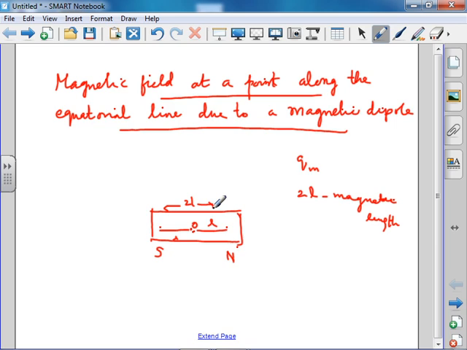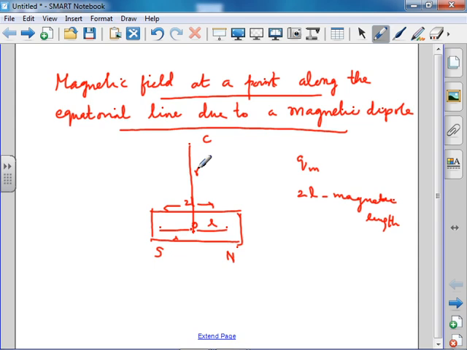Okay. Now let us take a point C where we are going to find out the magnetic field. It lies along the equatorial line, which is at a distance r from the geometric center of the magnet.